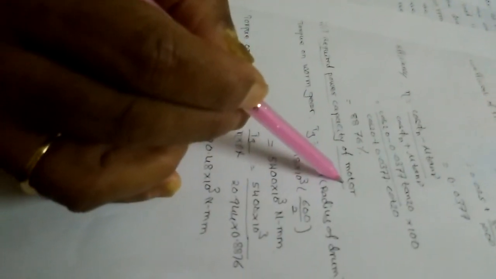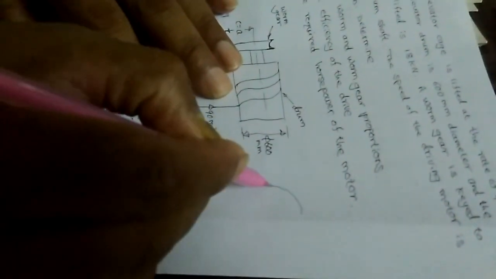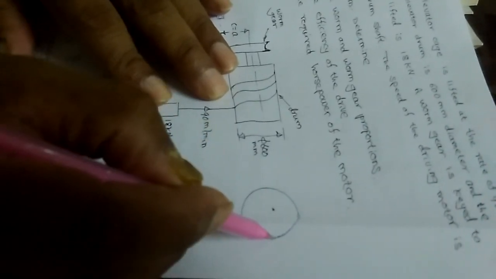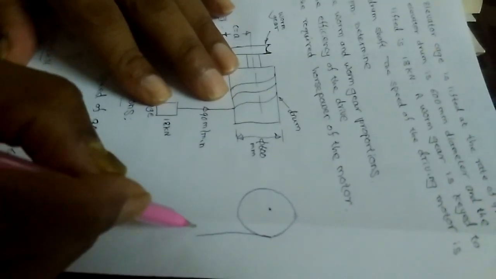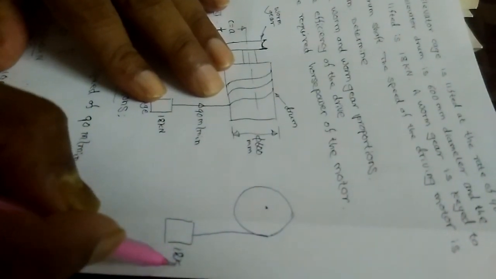Then the answer to the third part is the required power capacity of the motor. Now here, as I have seen in the diagram, if I draw the side view of this drum, this is the center of the drum. So the tangential force is nothing but the elevator weight which is to be lifted, 18 kilonewton.